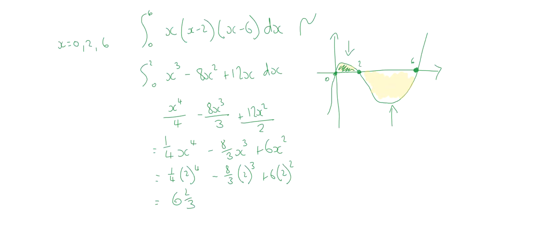So what I need to do now is the second space between 2 and 6. So let's do that. I'm going to do it over the other side. So I'm going to integrate between 6 and 2. So I don't need to reintegrate. I've already done that. I'm just going to skip straight to this step here and put in 6 and 2 instead. So I have 1/4, let me put some big brackets in here, 1/4 times 6 to the power of 4 minus 8/3.